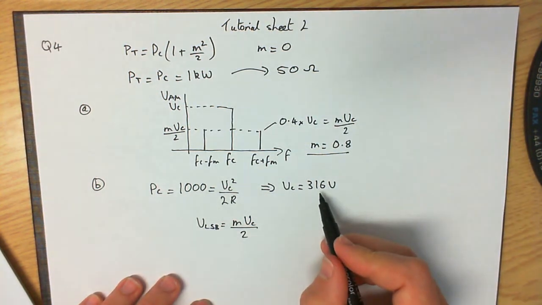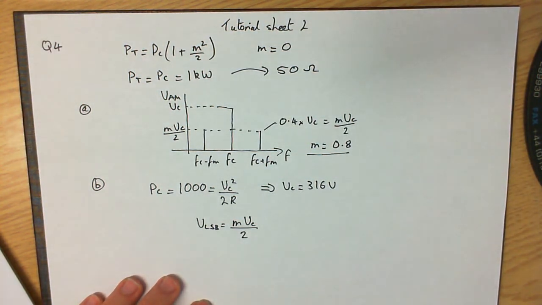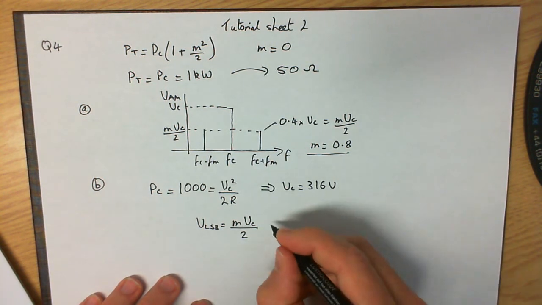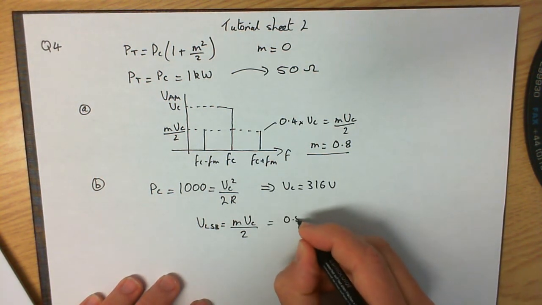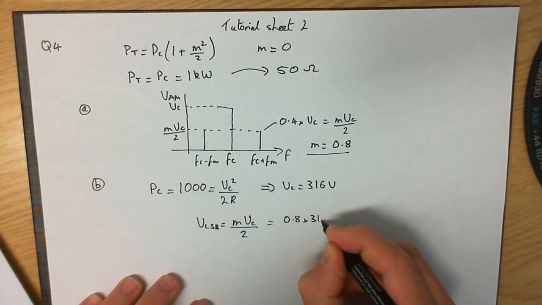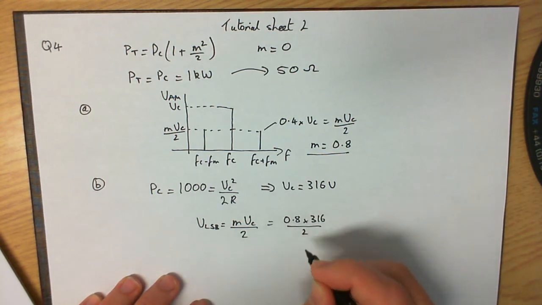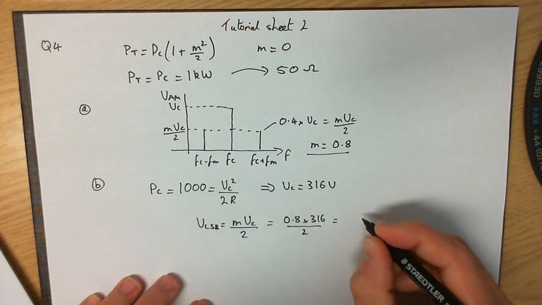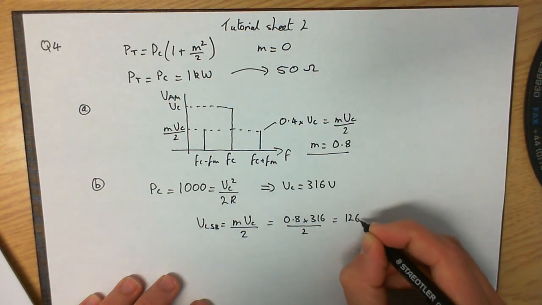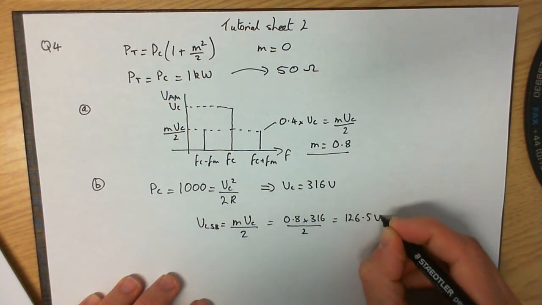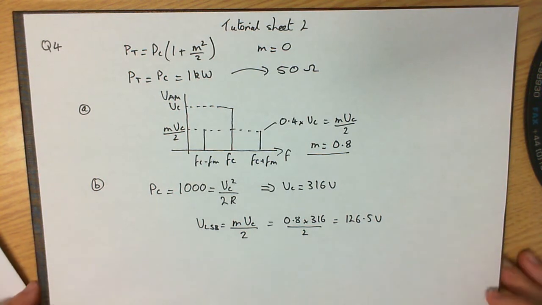And we know VC, and of course we know M, which is 0.8, so that's 0.8 times 316 over 2, and that gives you 126.5 volts.